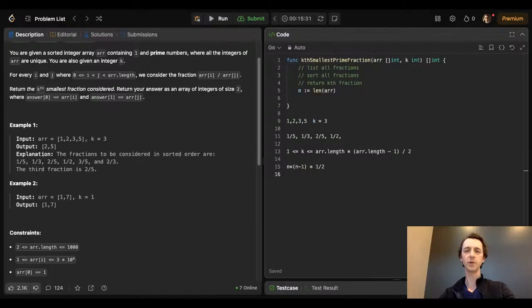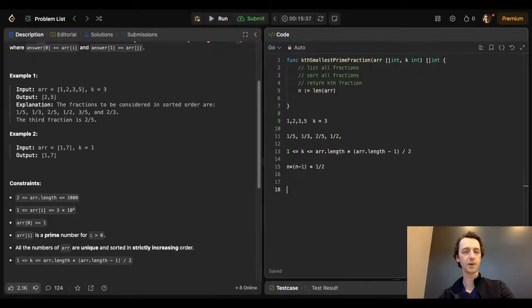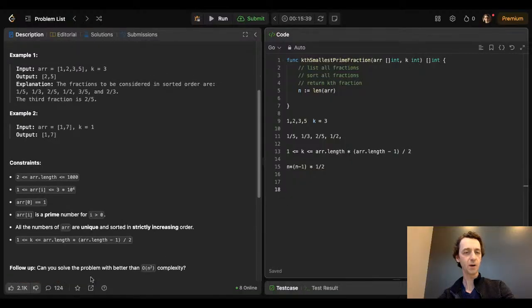So right now, to solve it with this, there's a follow-up: can you solve it with better than n squared complexity? They're not even saying time, they're just saying complexity, so both space and time. So better than n squared.